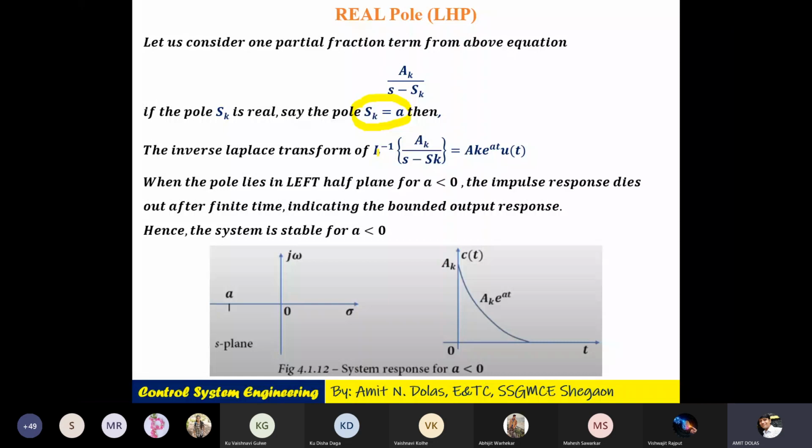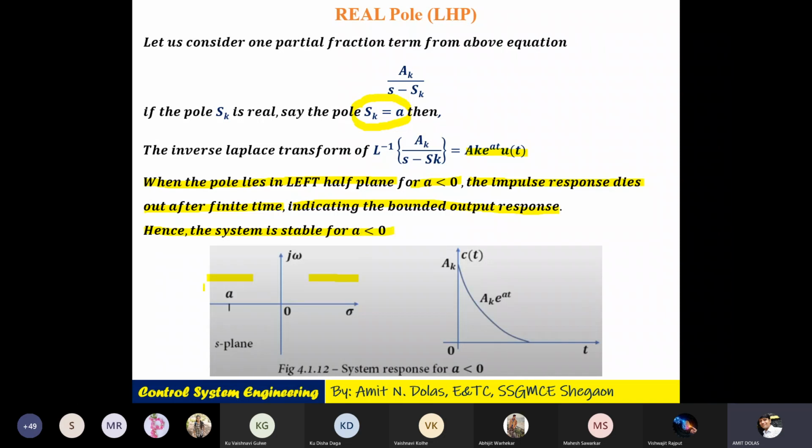When the pole lies in the left hand plane, for a less than 0, then what will happen to this equation? It will be ak into e raised to power minus at into u of t. The impulse response dies out after infinite time, indicating a bounded output response. Hence, the system is stable for a less than 0. You can see a is less than 0.